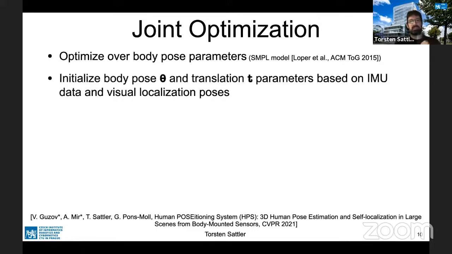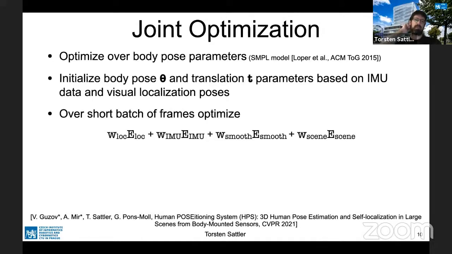We initialize the pose of the body, which is essentially a set of joints, and the position of the body in the world based on the IMU, which is used for the body pose, and the visual localization results for the position or translation. And then we optimize an energy function over small batches of frames.